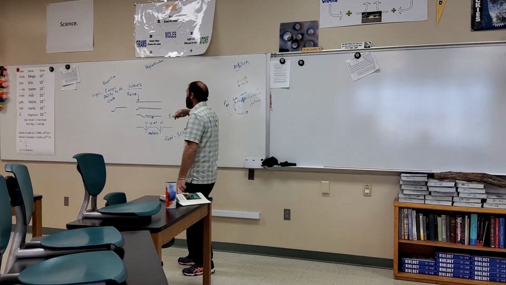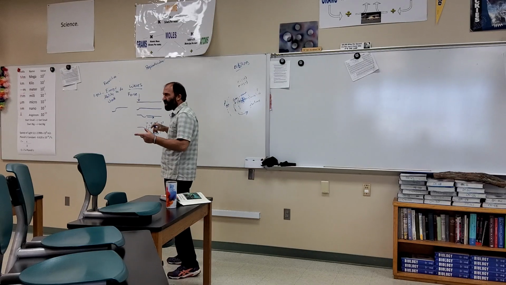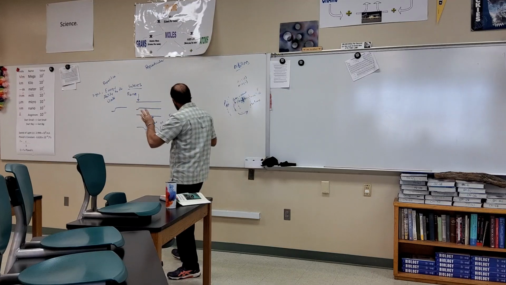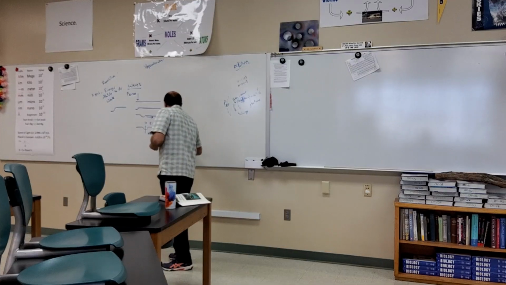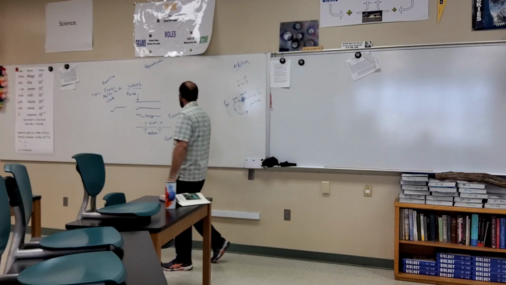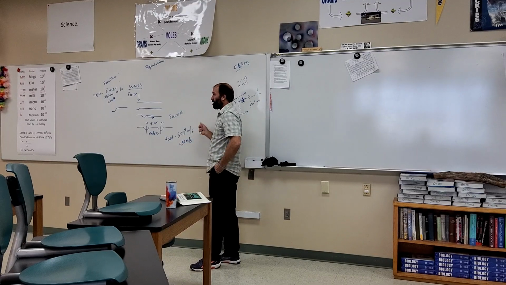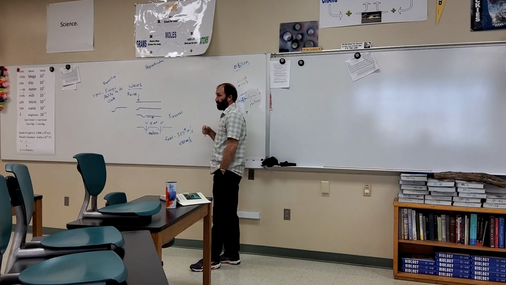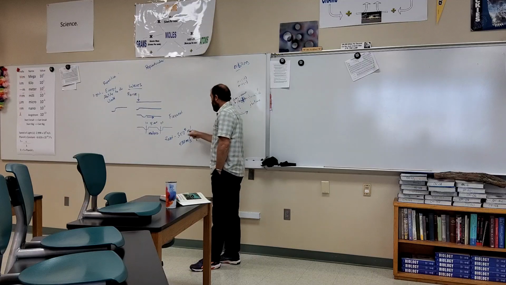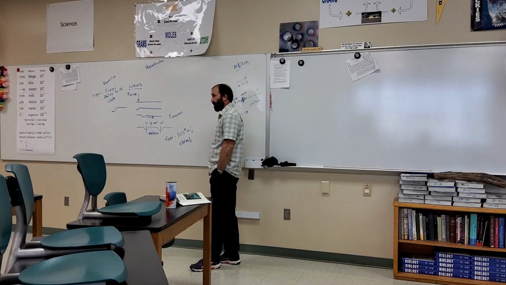It was like 710 miles per hour, which works out to about 430 meters per second, if I remember right. So sound moves at 430 meters per second through air. That's pretty slow compared to 300 million meters per second for light.